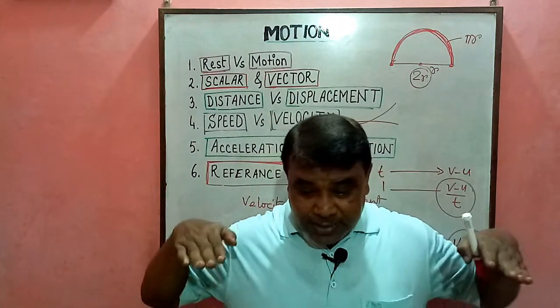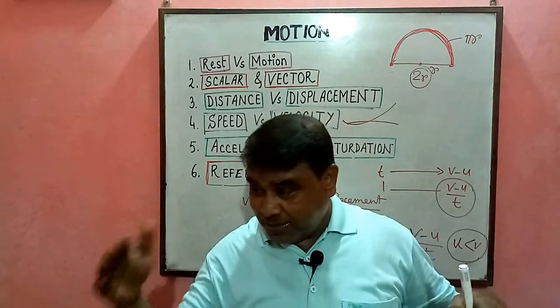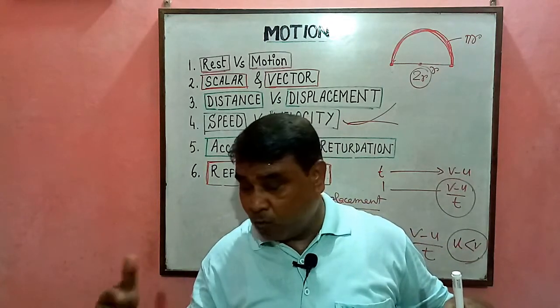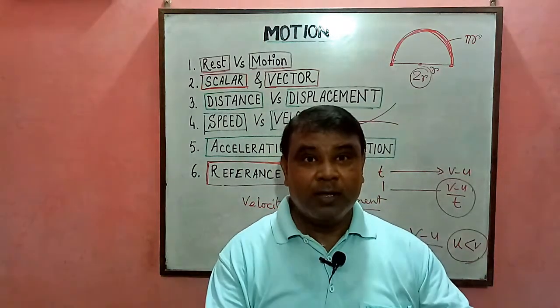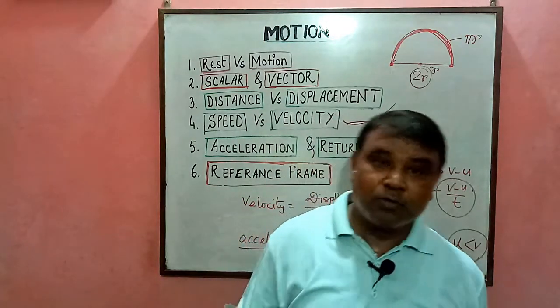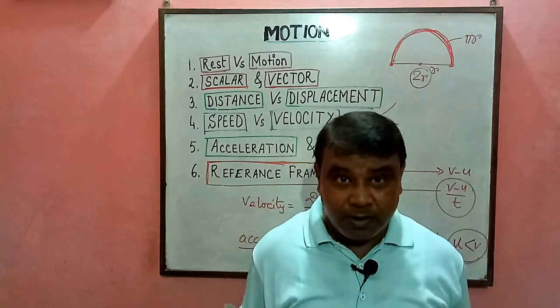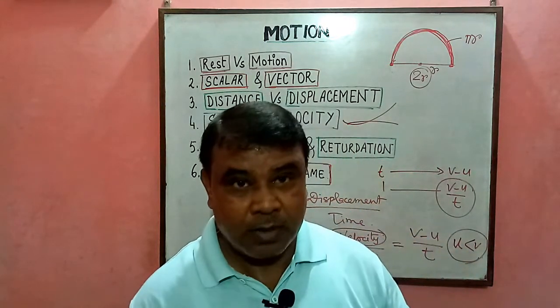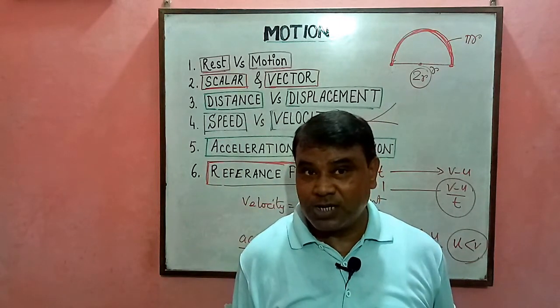Like when two trains are traveling with the same speed in the same direction, a passenger sitting in one train and another sitting in the other, if they are moving parallel, they will feel both of them are not moving at all, even though both are moving. So this is the reference frame of that particular situation.